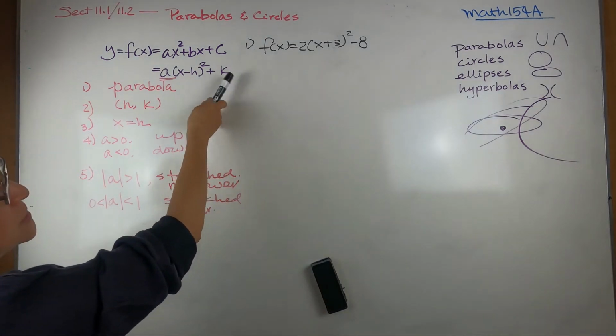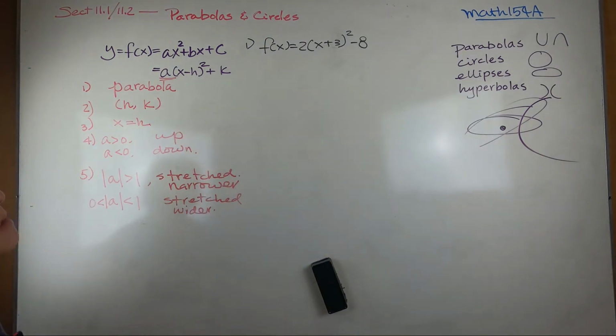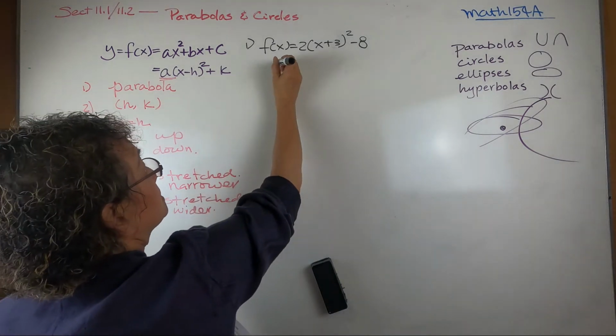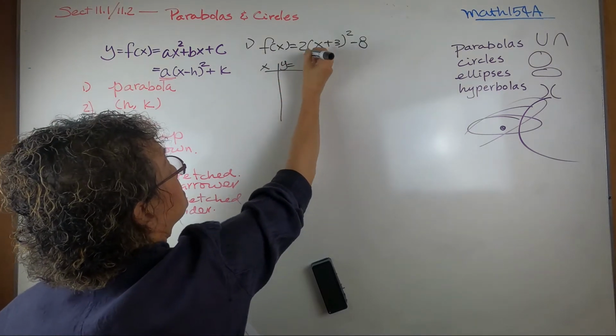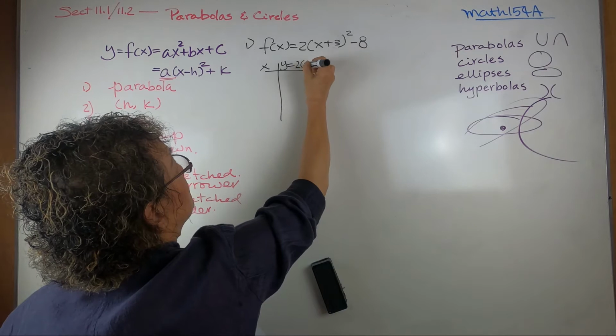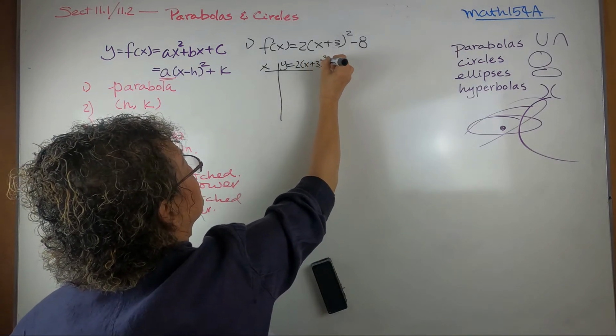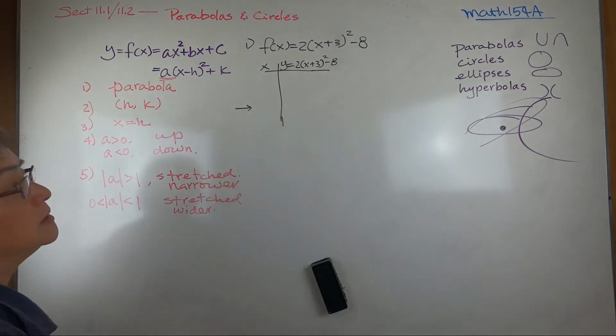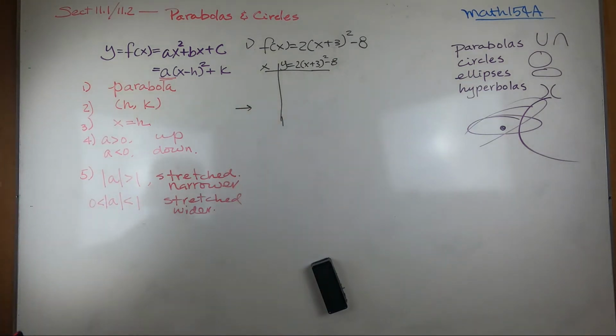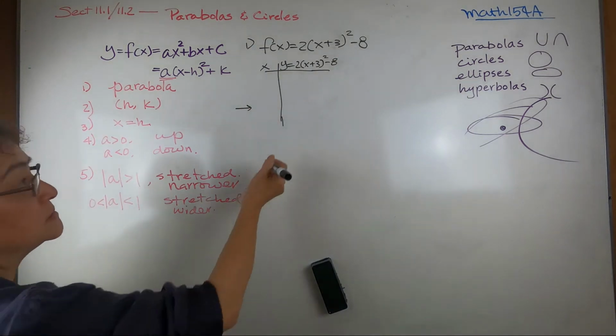This one. So that will be vertex form. If you have a vertex form, it will be easier for you to graph, right? Because you can just do the t-table, x, y equals (x plus 3) squared minus 8. Then you have to decide which point you put in the middle, which is your vertex, right?